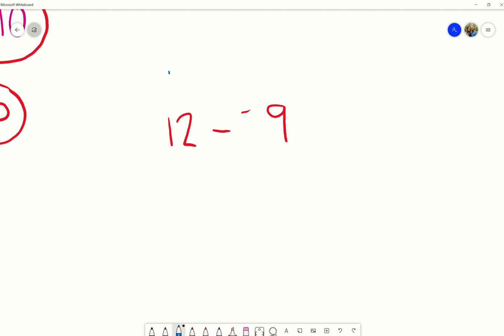So I'm going to keep my first value, change my operation to addition, but in order to change that operation, I have to make -9 into its opposite. And the opposite of -9 is +9. And now I have 12 plus 9. We know 12 plus 9 is 21. And there is our answer. Look at us go. We're so good at math. So proud of us all.